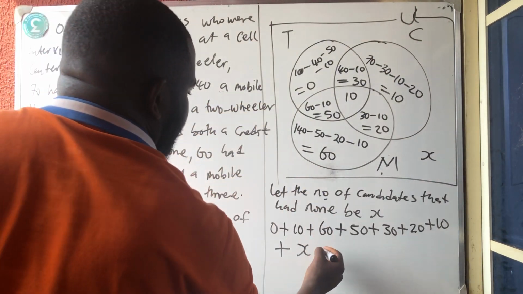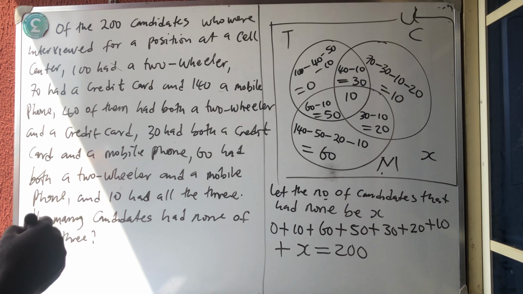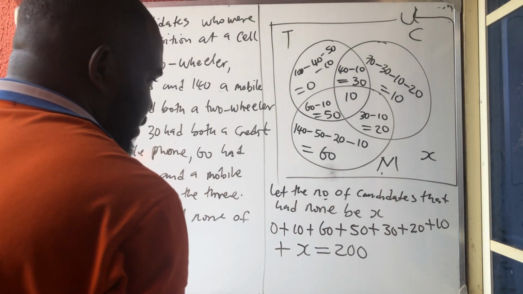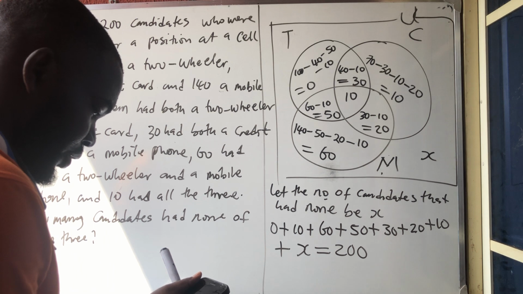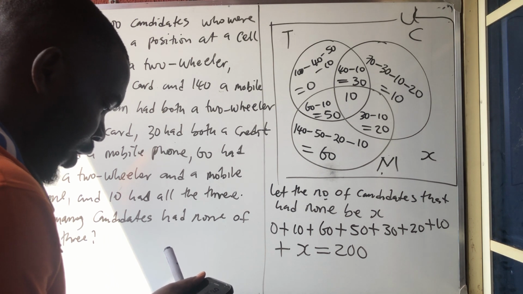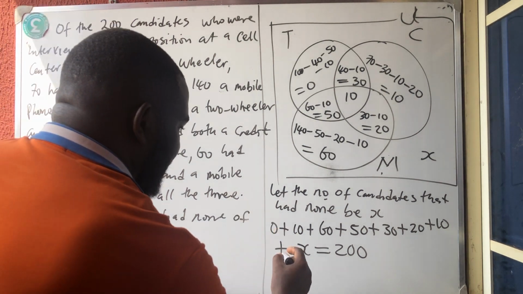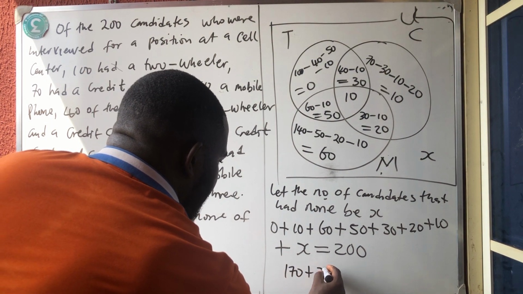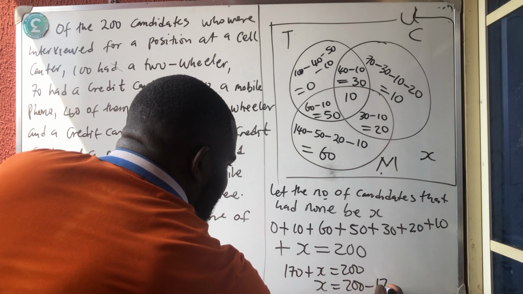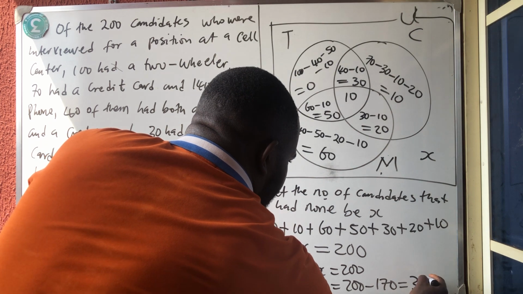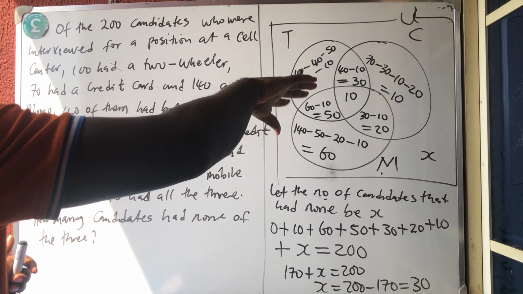Everything in the universal set is equated to 200, which is the total number of candidates. Adding everything, 60 plus 50 plus 30 plus 20 plus 10 is 170. So 170 plus X is equal to 200. Therefore, X is 200 minus 170, which is 30. So 30 candidates did not come with any of these three.